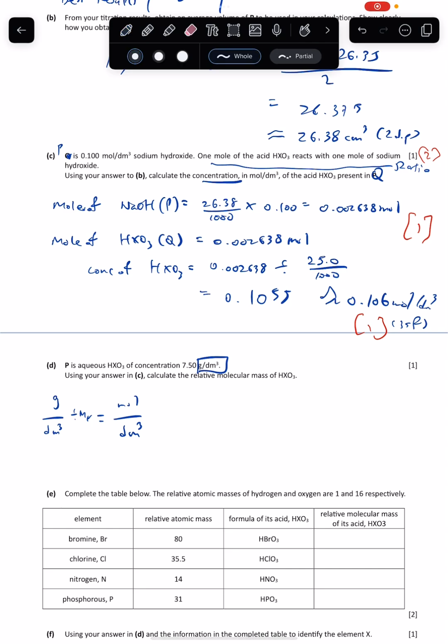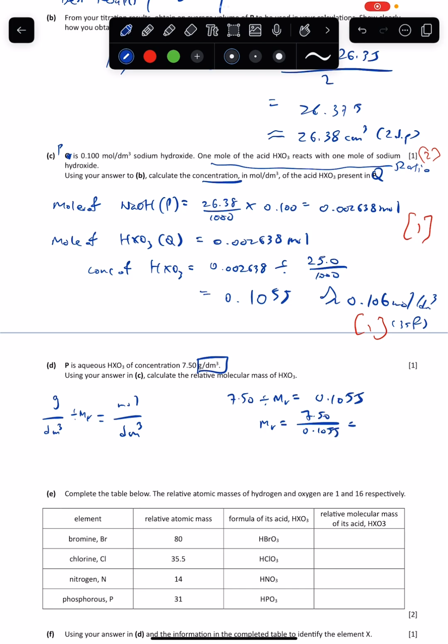So you throw the number in: 7.50 divided by mR equals 0.1055. So mR is 7.50 divided by 0.1055, and you will get 71.09, which is 71.1 to 3 SF.